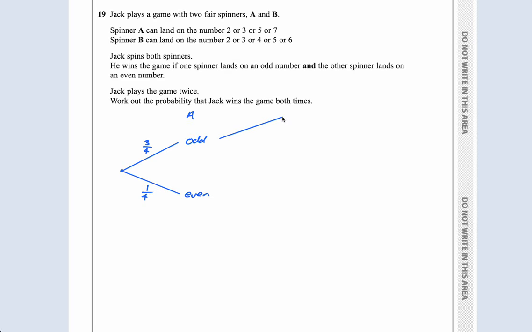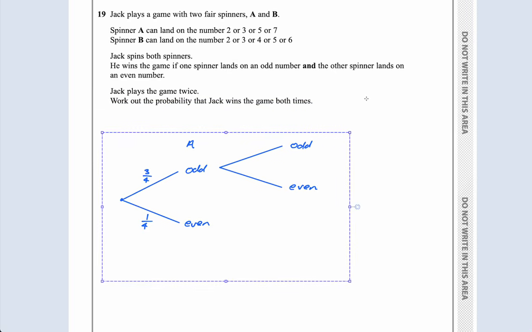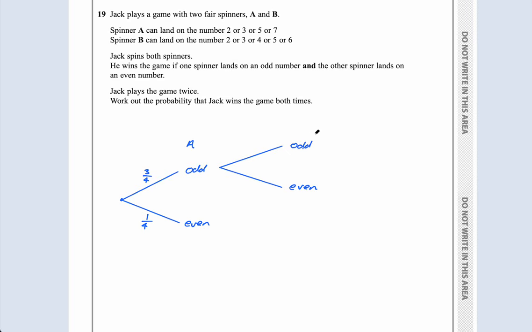And then I have to do the same for spinner B, odd and even. I'm just going to bring this down a bit. Obviously I have the luxury of being able to do that, guys. You just make sure you have plenty of space. So this is spinner A, sorry, that's B, and this is A. Now for spinner B, there are 3 even numbers and 2 odd numbers.